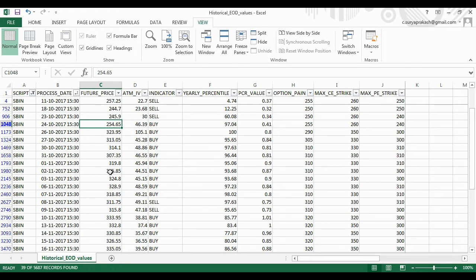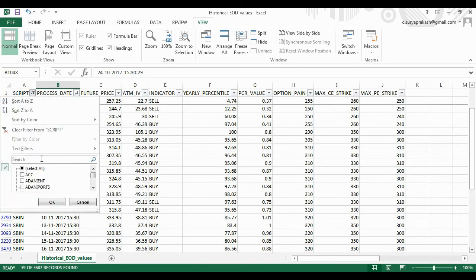It goes till 328, and then it's a sell at 311. This is how we would have gained, but this is a very corner case scenario because on 24th October we had major news for all the banking stocks. But let's see it for Nifty.